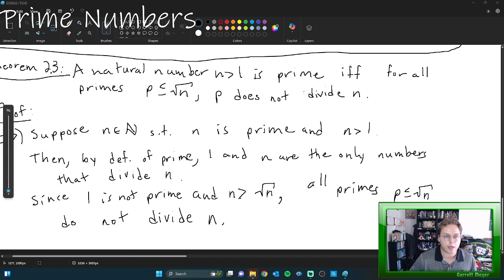So by showing that if a natural number n greater than 1 is not prime, that means that for at least one prime p less than or equal to the square root of n, p does divide n, because the negation of for all is at least one. Then that basically shows the opposite direction: for all primes p less than or equal to the square root of n, p does not divide n, then the natural number n is prime.